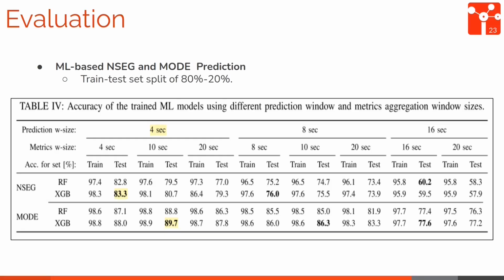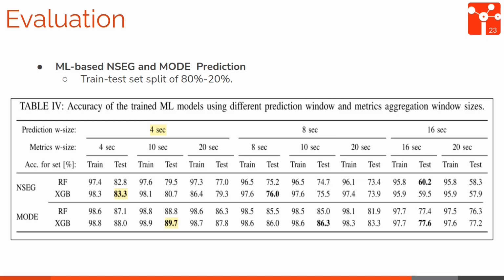Now for the machine learning based part, the authors use two types of algorithms: random forest and extreme gradient boosting. This is the table for the accuracy of the trained machine learning models using different prediction window and metric aggregation window sizes.